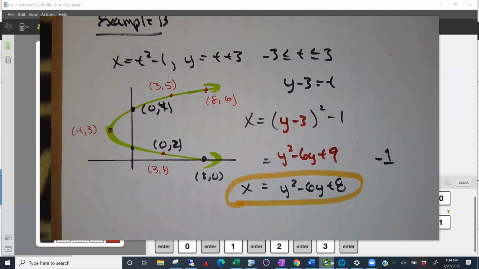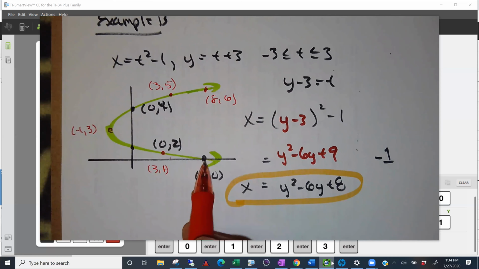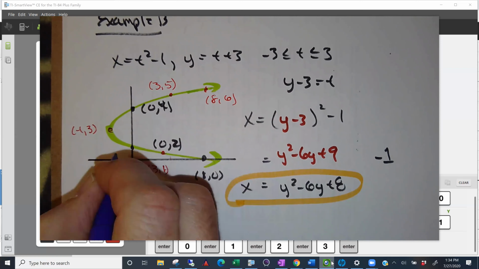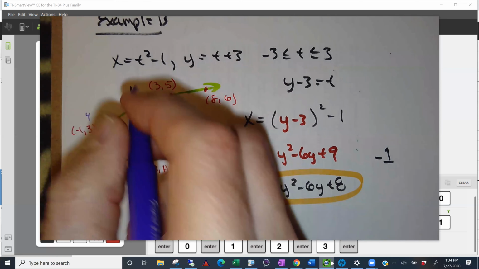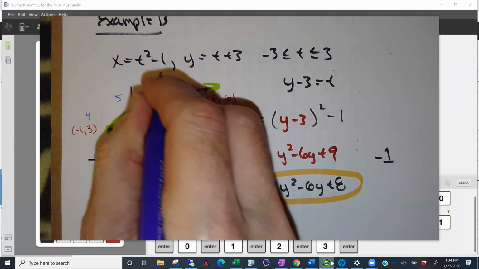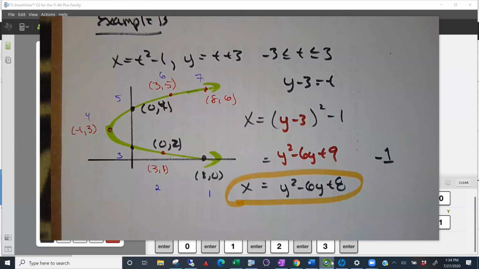Okay. So if you were to take a look at things, this was our first point, this is our second point, this is our third, fourth, fifth, sixth, seventh. But what that's telling you is the direction that this curve was traced out in.